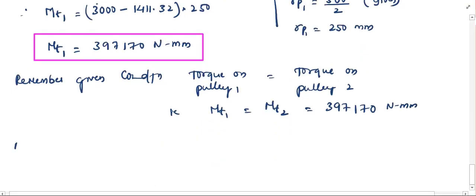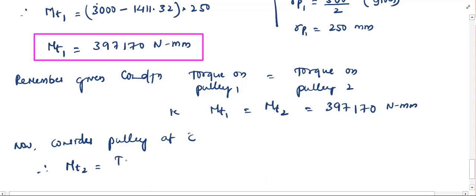Now let me consider the pulley at C. Therefore, the torque MT2 is equal to T3 minus T4 into the radius of pulley 2.